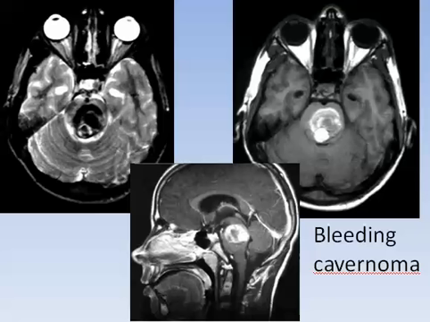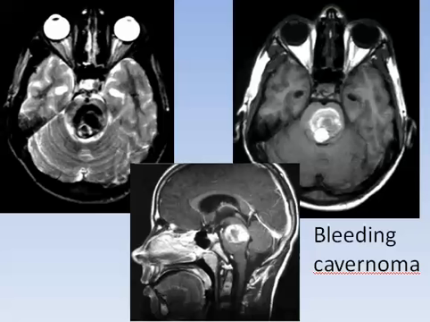Here it is. We have a weak one, and it is bleeding as seen on T1 weighted images. T1 weighted images showing bleeding. T1 weighted image with contrast showing the whole cavernoma.